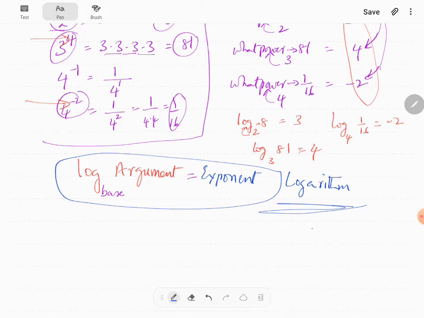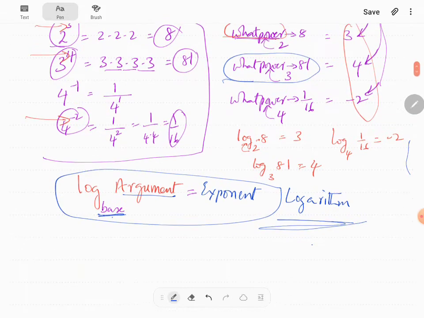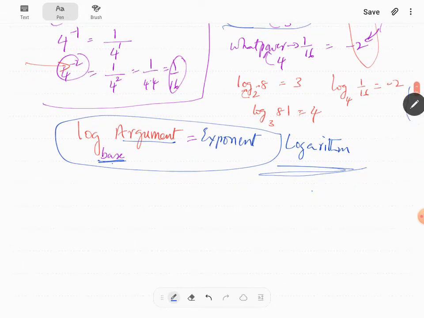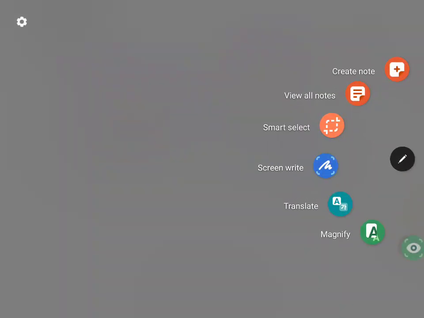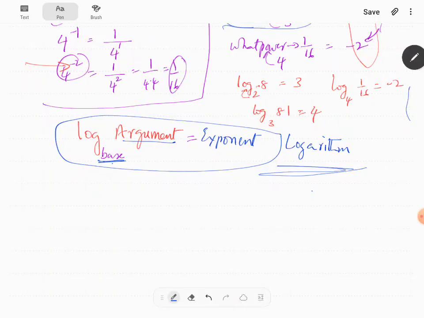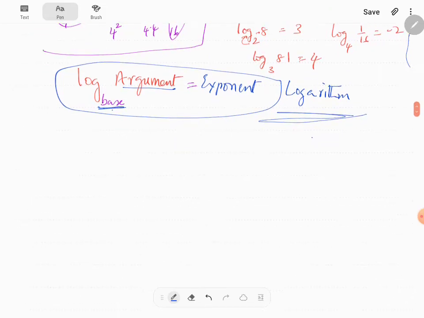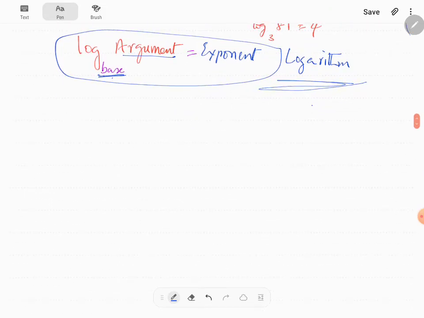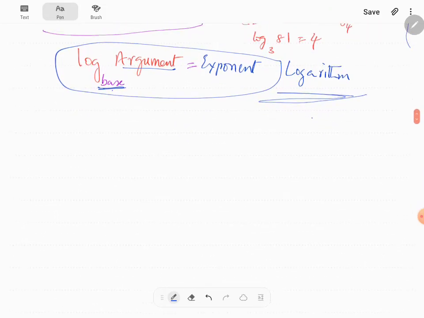So now we'll see the rules, the restrictions on the log: what values the argument can or cannot take, what values the base can or cannot take. Keeping this concept behind the log, we'll try different values and come to conclusions. Let's talk about just the argument first.